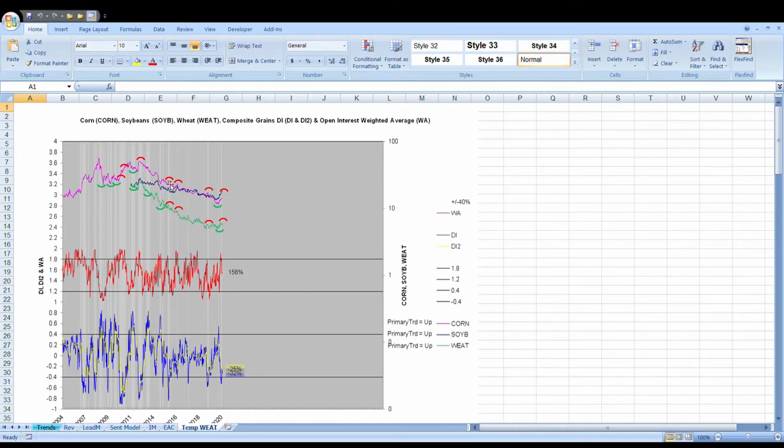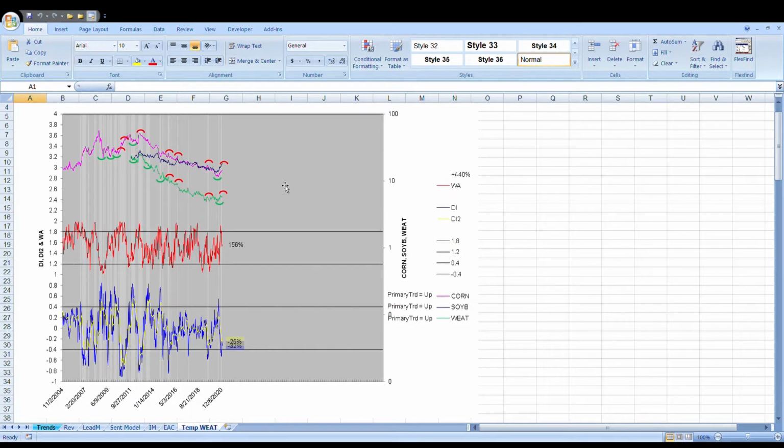The first view we have is the grains DI, which is a composite one for the grain market. And we can see that the energy build several months ago flipped these trends, and they all move together. Corn, soybeans, and wheat tend to follow along with one another pretty closely.